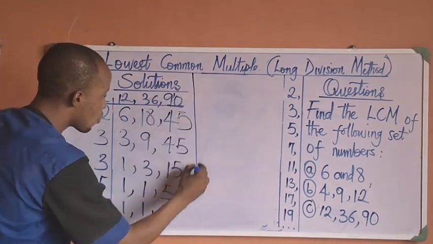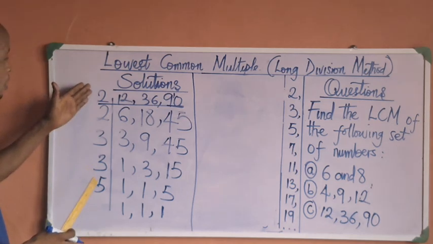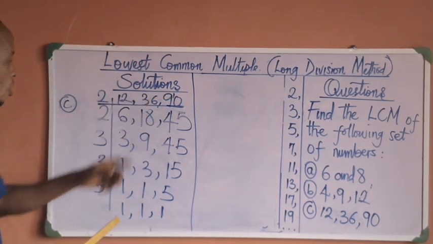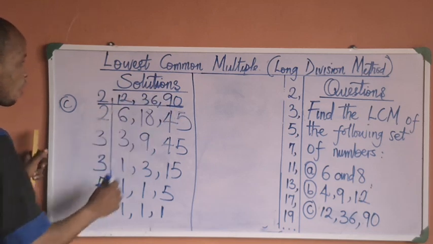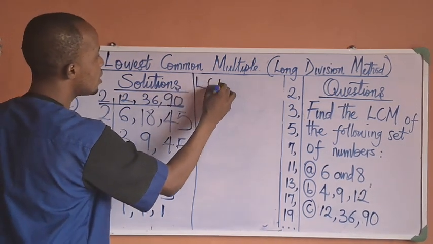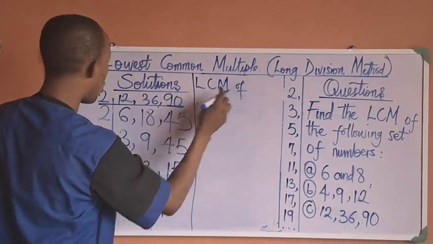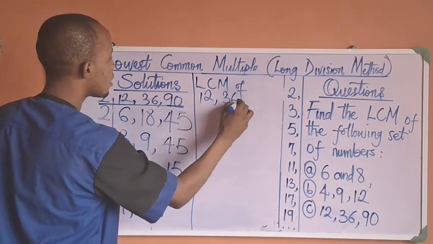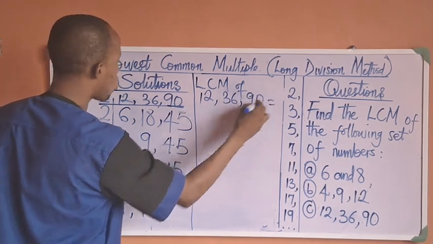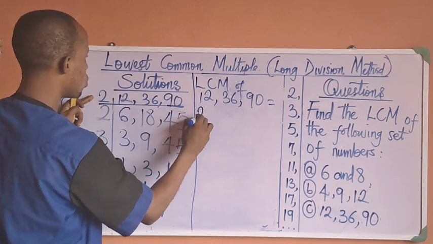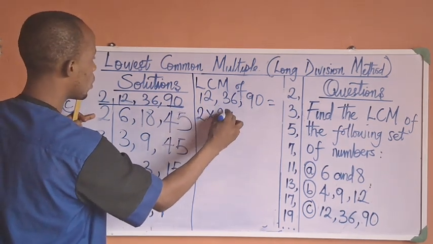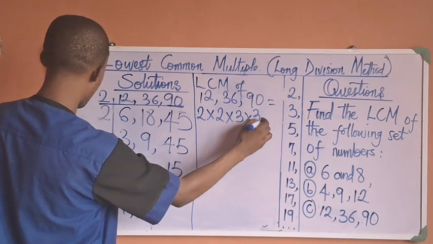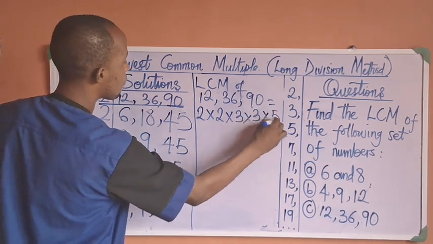So what next are we supposed to do? We are going to multiply all our prime factors together to get the LCM of the set of given numbers. So the LCM of 12, 36, and 90 equals 2 times 2 times 3 times 3 times 5.